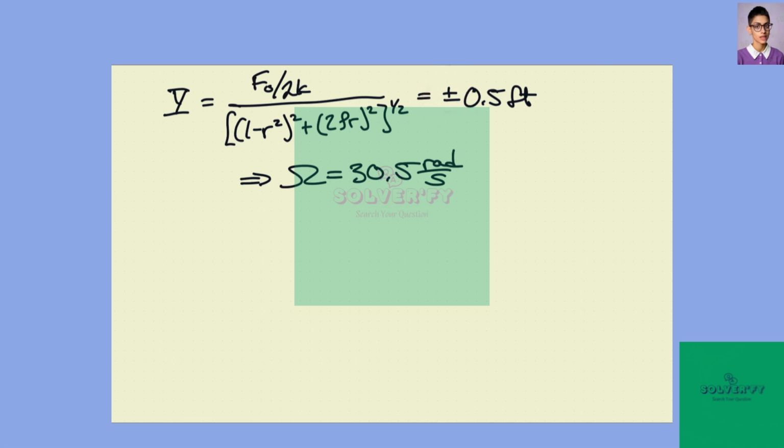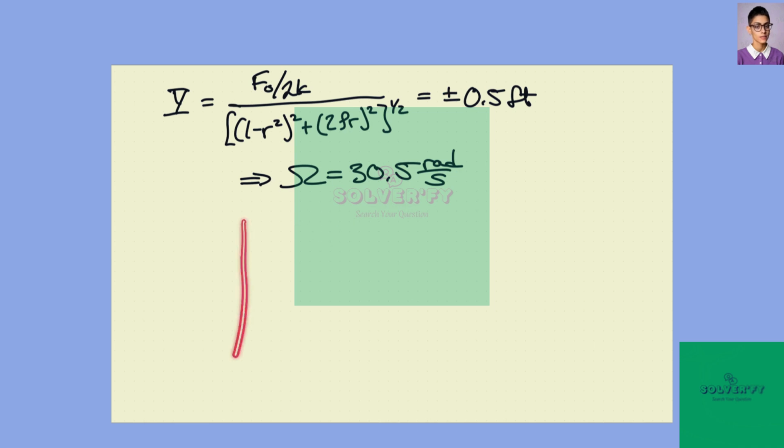In the case where we take plus, we get an excitation frequency of 30.5 radians per second. Now, if we take the minus sign, we get no answer. Why is that?